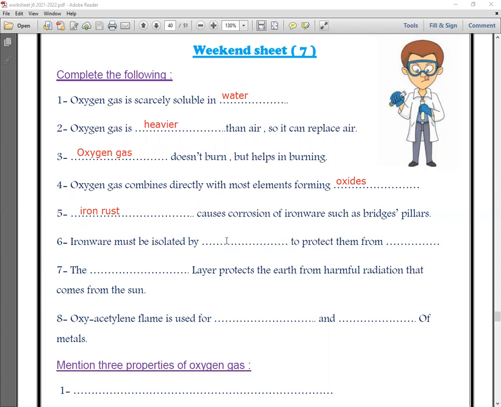Must be isolated by paints to protect them from rusting, to protect them from rust.